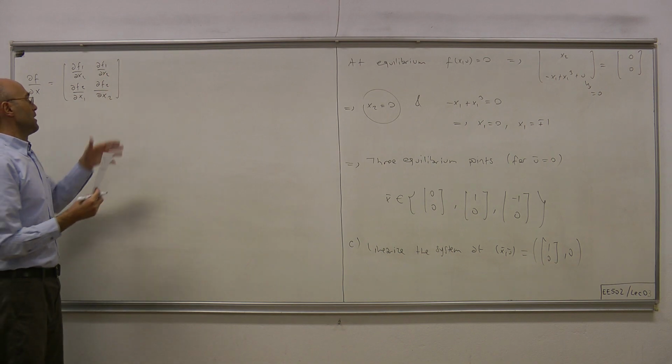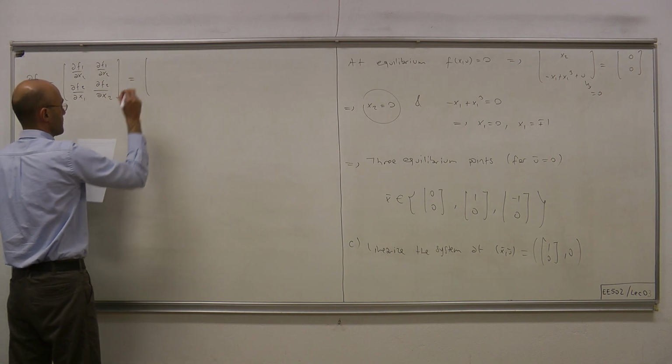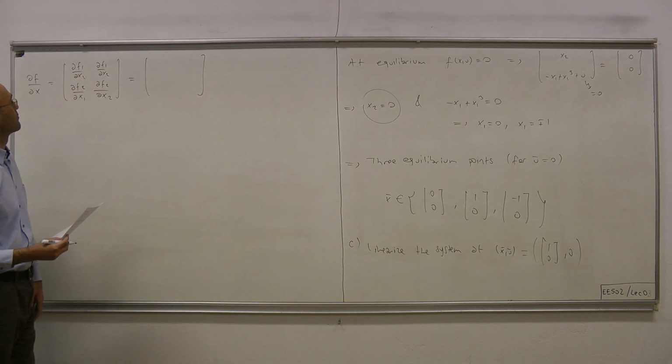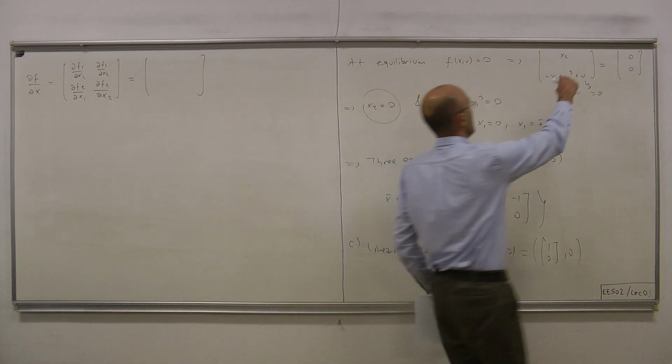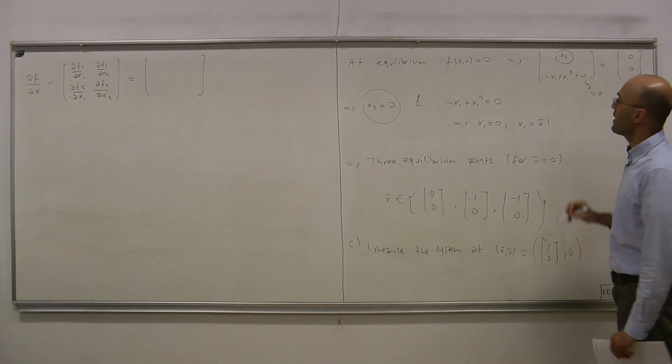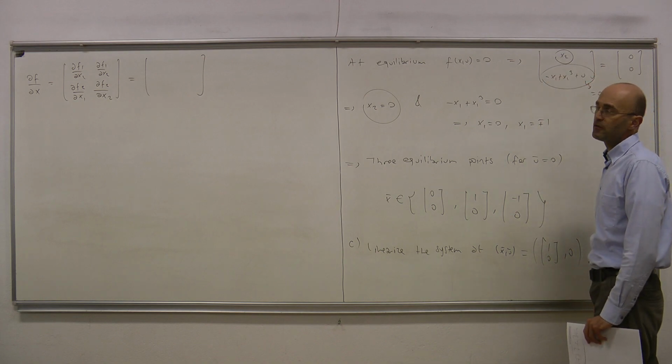Okay. Now this equals what? Okay. This is our f of x, u. So this thing here is f1, and this thing here is f2.